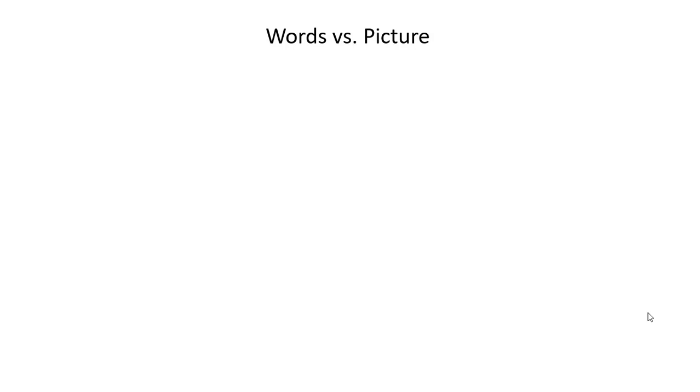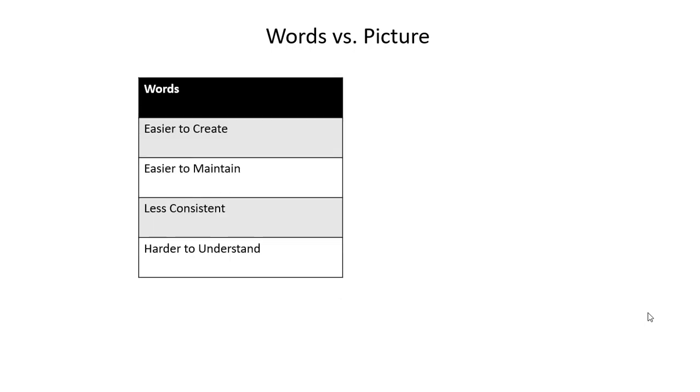So more on the icons. Let's consider words versus pictures. Words are easier to create. I can start typing out my process really quickly. They're also easier to maintain, especially when I need to go back and insert something that I forgot in the process. I can just go back up to a previous paragraph or bullet point and type in the stuff that I left out.